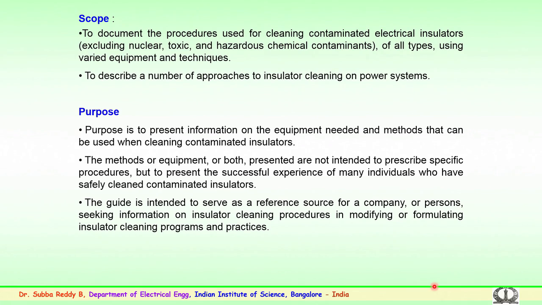So, various equipment and the techniques to be followed are mainly under the scope of this standard. It also describes a number of approaches to be adopted for cleaning of insulators in the power system network.